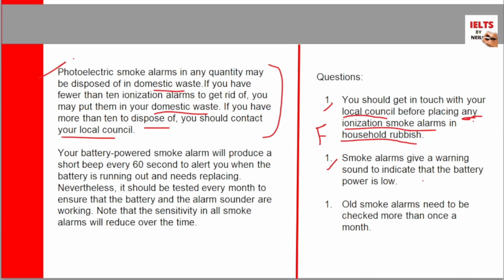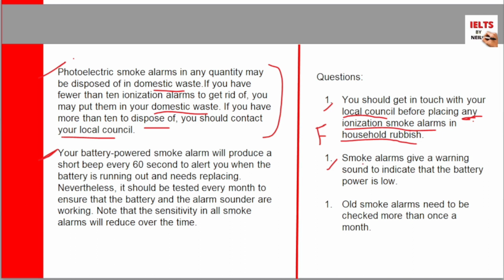Smoke alarms give a warning sound to indicate that the battery power is low. All right, let's move on to the next paragraph. Let's read this. Your battery powered smoke alarm will produce a short beep every 60 seconds to alert when the battery is running out and needs replacing.